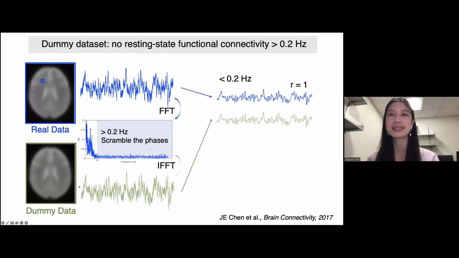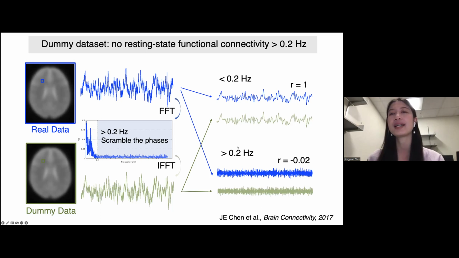So the dummy data set in the low frequency band has the same signal structures as the real data, but at higher frequencies, it basically has no correlation with the original real data and has no true activation there.